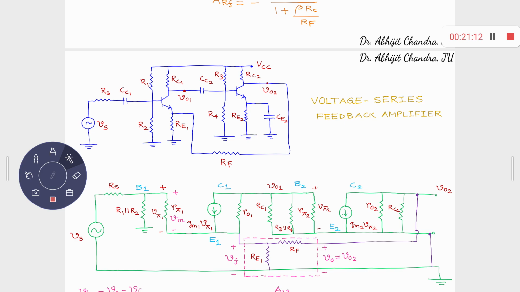Now here, since RE2 is present and we have a bypass capacitor between emitter 2 and the ground, in the mid-band range this small signal is basically grounded through the bypass capacitor. So effectively, under small signal operation, emitter 2 is at AC ground, because the reactance of the bypass capacitor is small enough compared to RE2, so that the RE2 CE2 parallel combination gives you zero impedance.